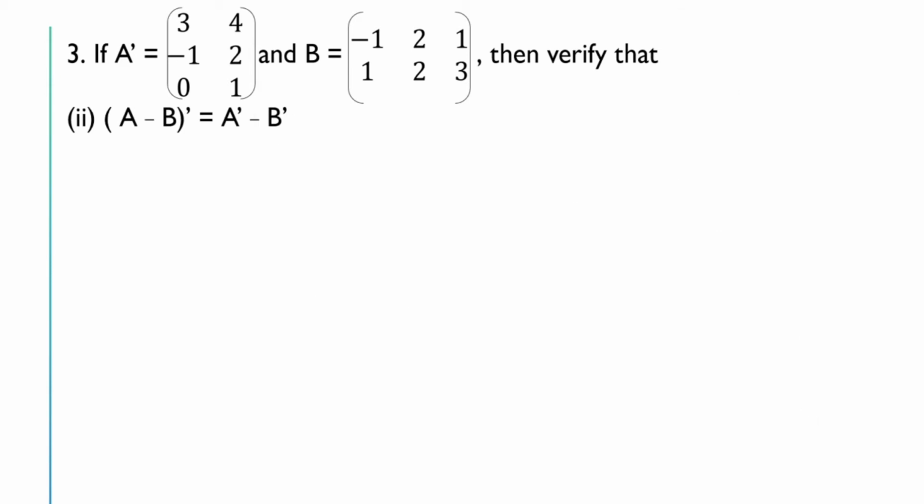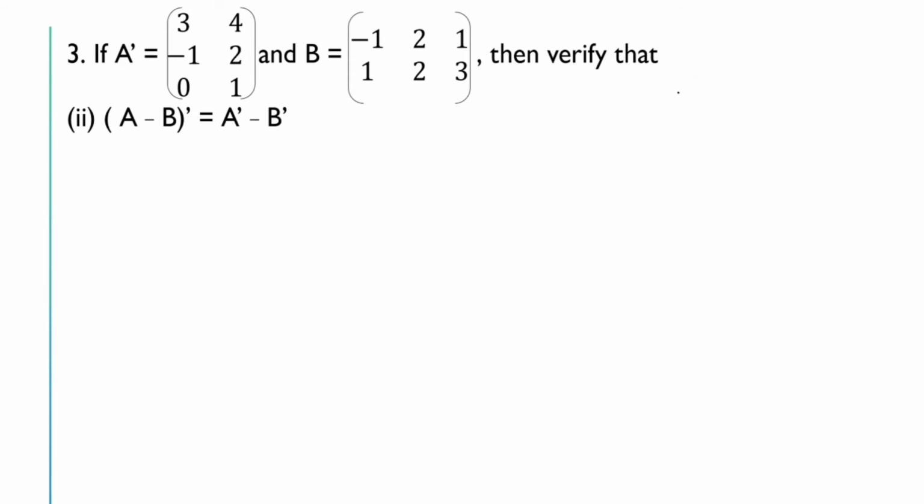The next question, if A transpose, the same question, verify that A minus B the whole transpose is equal to A transpose minus B transpose. So we will write A and keep here.